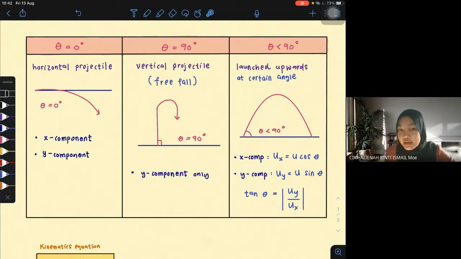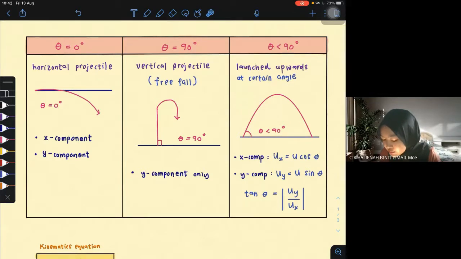That's what we call free fall. It must be 90 degrees, it cannot be 85, it must be exactly 90 degrees. So when we have free fall, we only have one component, which is the Y component. Automatically we will not use the X component in free fall.